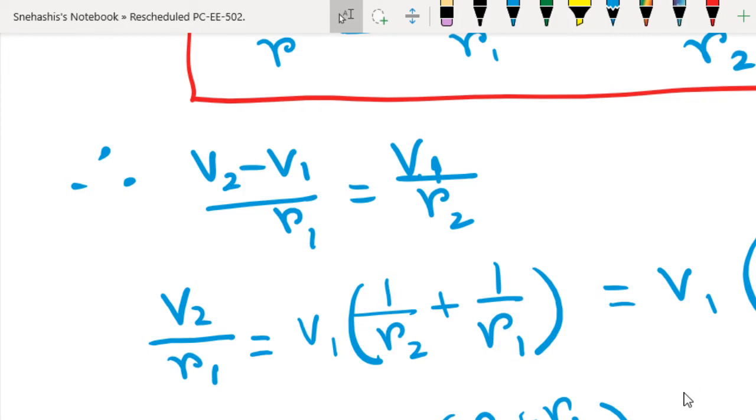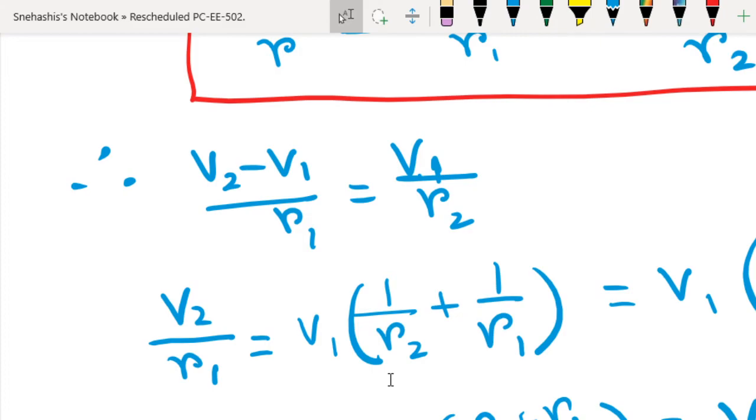Okay, equal to V1 into 1 plus 1 by alpha, because we know that what is alpha. Alpha is the ratio between two radius. Okay, already we have discussed that.